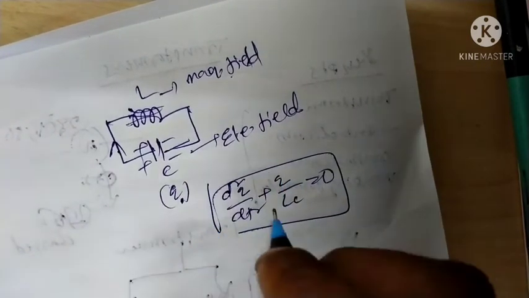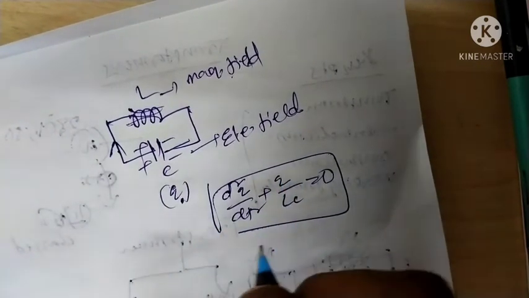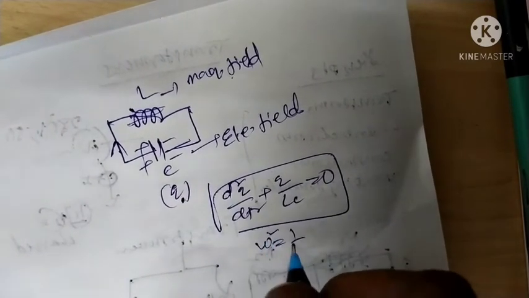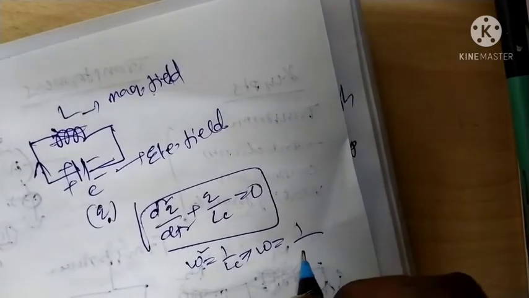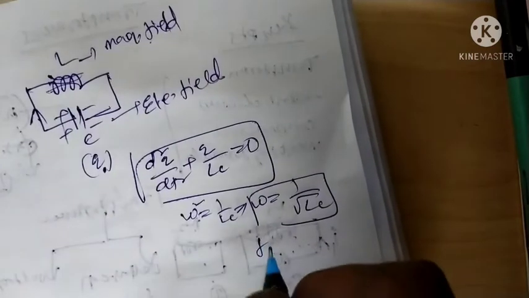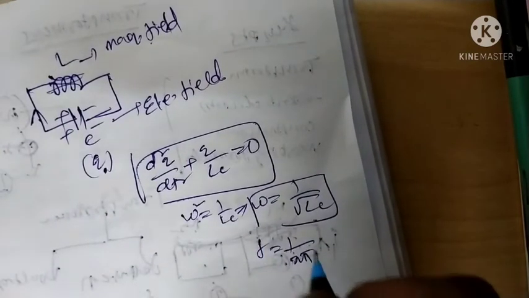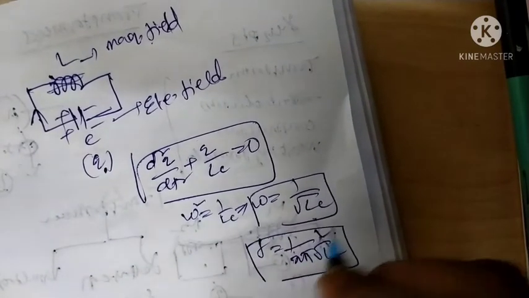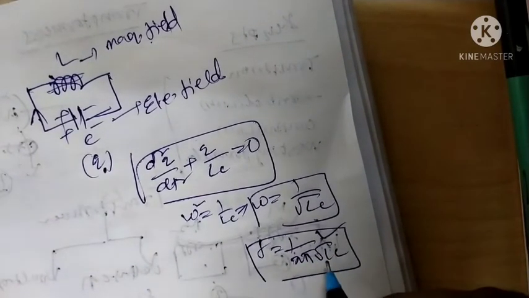Comparing with the frequency equation, omega squared is equal to 1 by LC. Omega is equal to 1 by root LC, and frequency f is equal to 1 by 2 pi root LC. This is explained in the LC circuit.